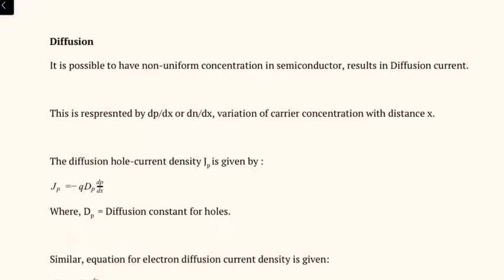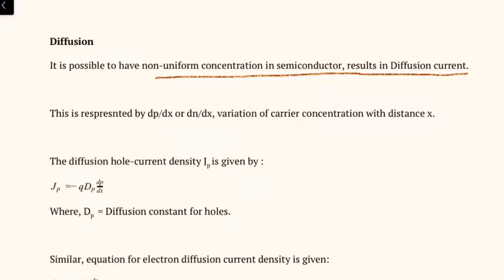So it is possible to have non-uniform concentration in a semiconductor, and this non-uniform concentration of holes or electrons results in diffusion current, carried either by holes or electrons.